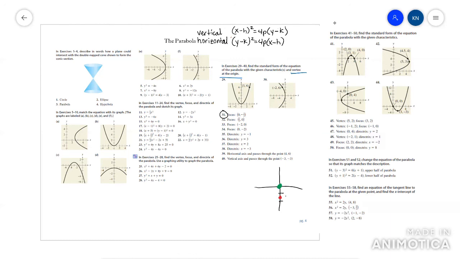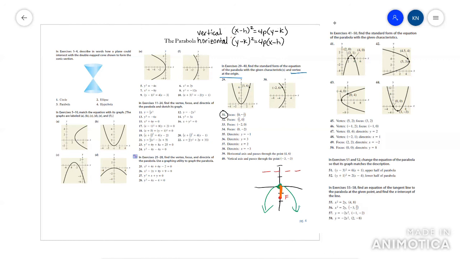This is your focus, which tells you a ton of information actually, because now you know that the parabola has to open down. It has to wrap around that focus. And if it's 1.5 down, that means it's 1.5 up to my directrix. So here's 1, here's 2, it's 1.5. It's smack dab in the middle there. Because remember, this distance, the orange, has to be the same as the pink distance.